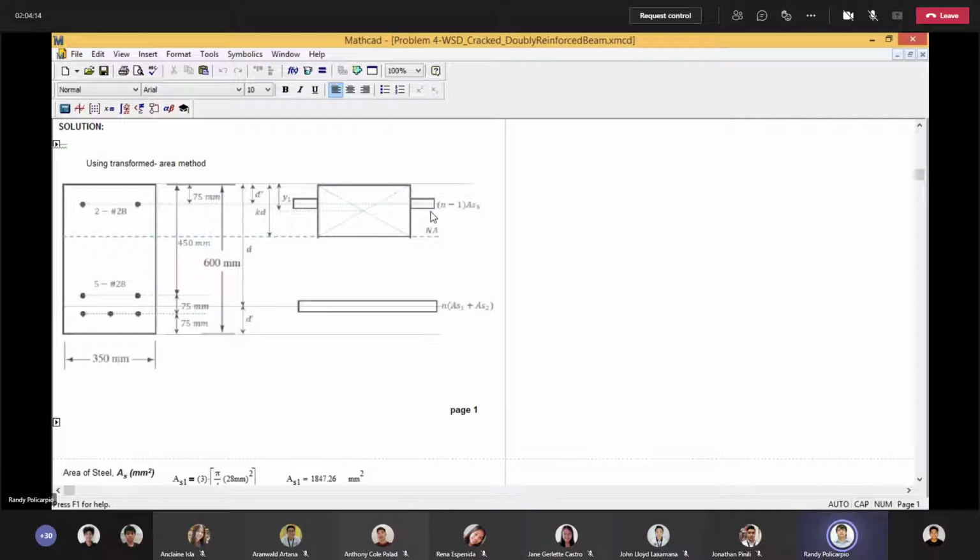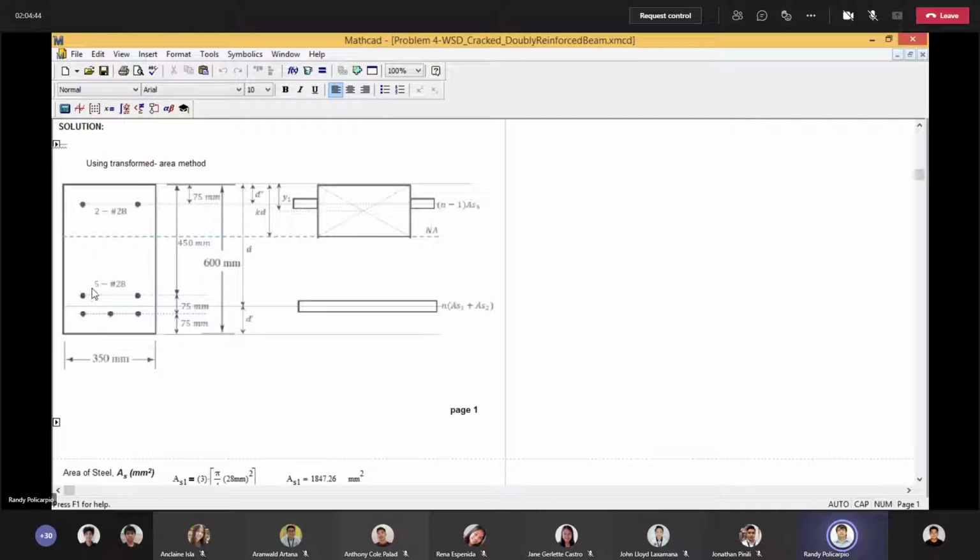Para sa compression steel, the area of the compression steel can be computed using n-1 AS. Dahil uncracked ito, it is equal to n-1 AS.